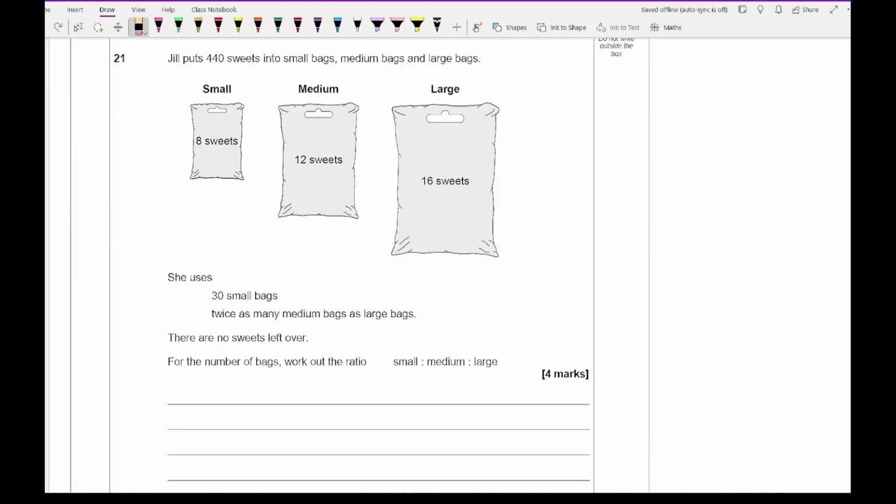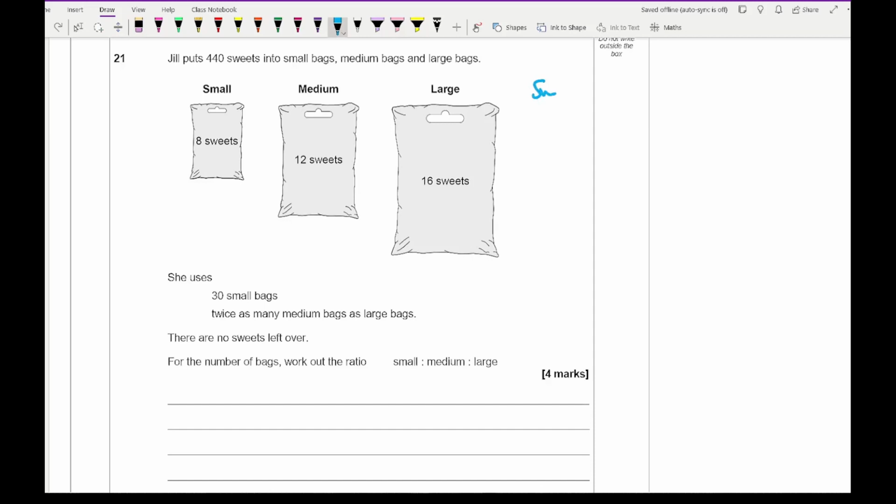So looking at question 21, it says Jill puts 440 sweets into small bags, medium bags and large bags. She uses 30 small bags, and twice as many medium bags as large bags. There are no sweets left over, and what we need to do is work out the ratio of small to medium to large. So first things first, let's work out how many sweets are going to go into the small bags.